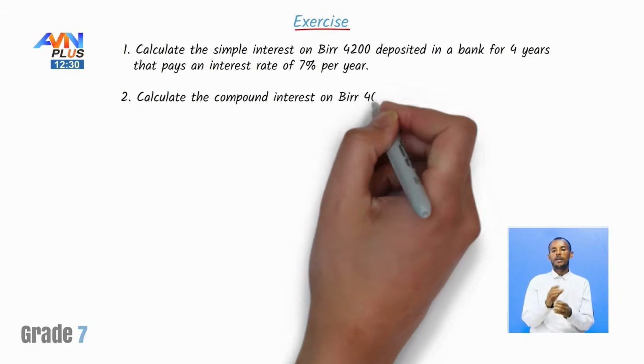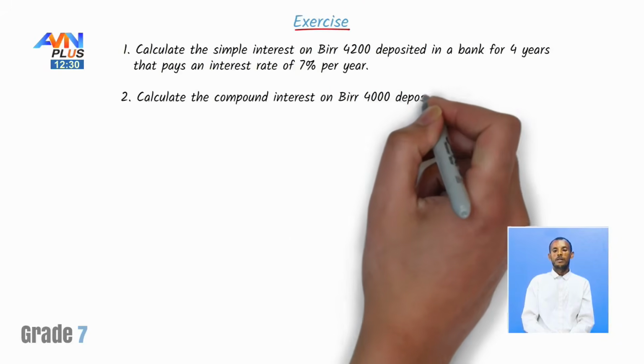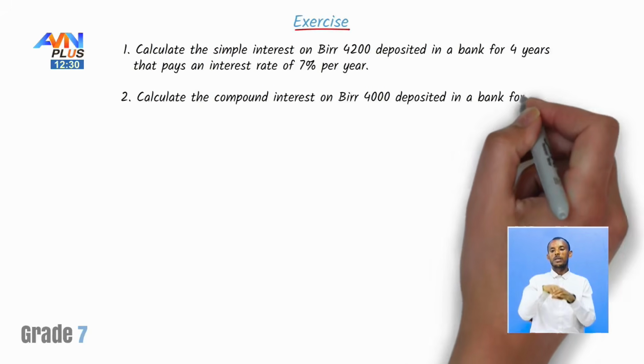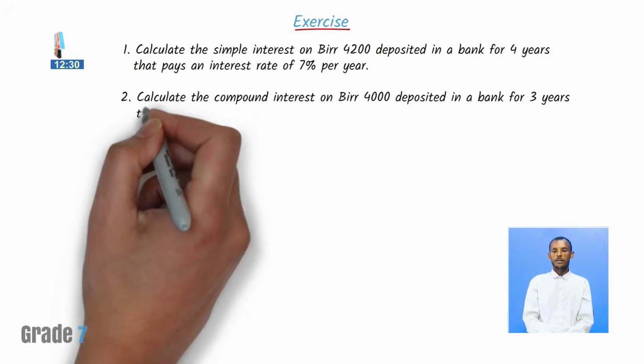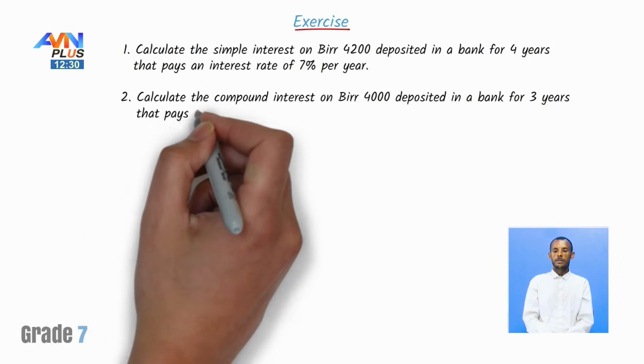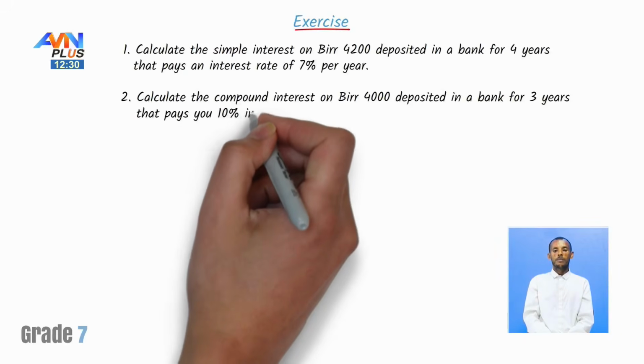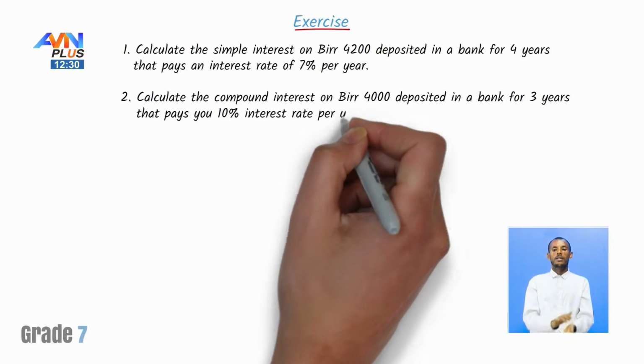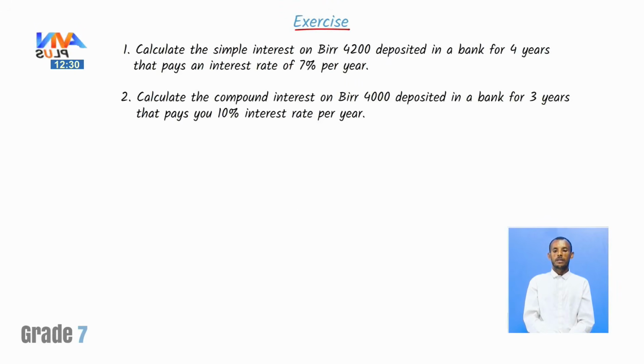Calculate the compound interest on birr 4,000 deposited in a bank for 3 years, that pays you an interest rate of 10% per year.